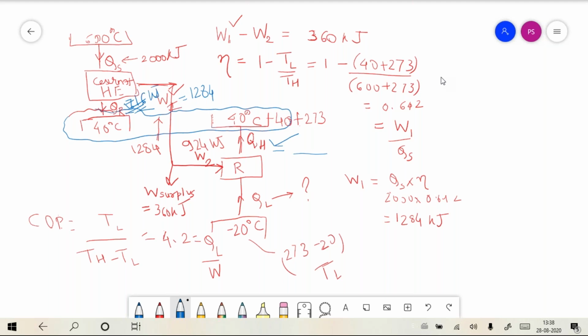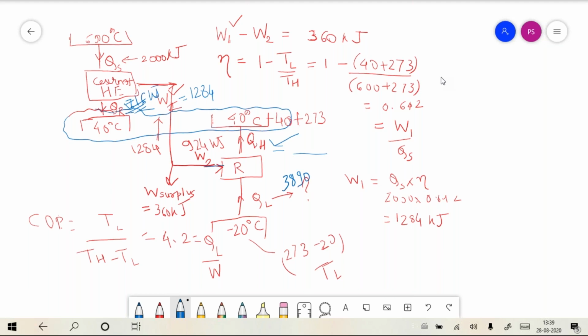And if you look at QH, again this is from energy balance. You have got QL. How much is QL? We had calculated that. QL was 3890, or closer to this, and this is 924.